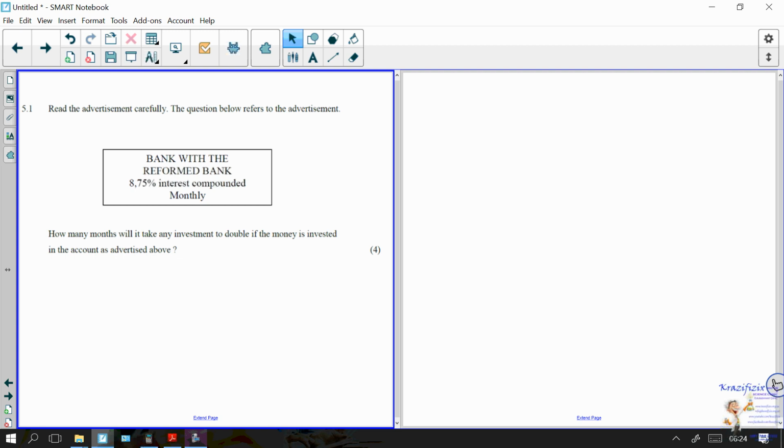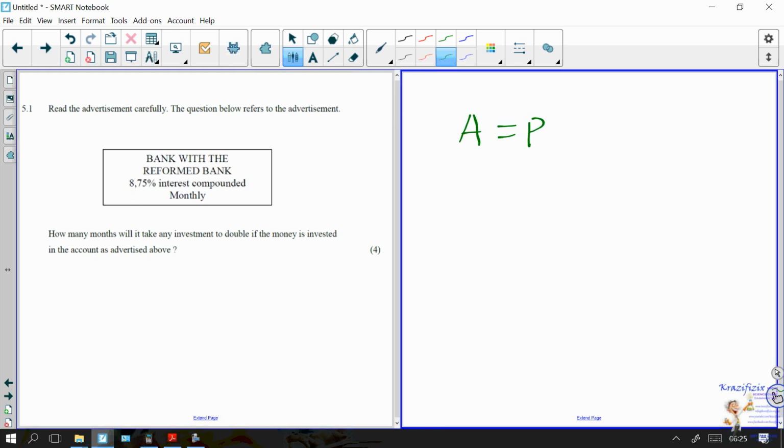How many months will it take an investment to double if the money is invested in the account as advertised above? All right. Now, this is talking about appreciation. And what's my formula? Quickly, you must know that the investment is doubling, it's increasing. A equals P(1 + i)^n.